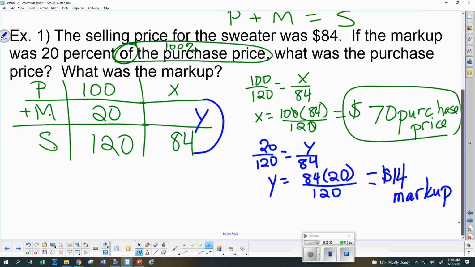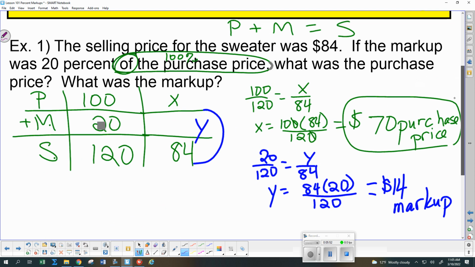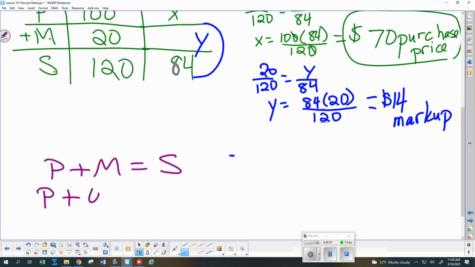Okay, the other way that we could do these is we can set them up with the formula P plus M equals S. And so we could say that we have the purchase price plus the markup, which was 20% of the purchase price. So 20% is 0.20.